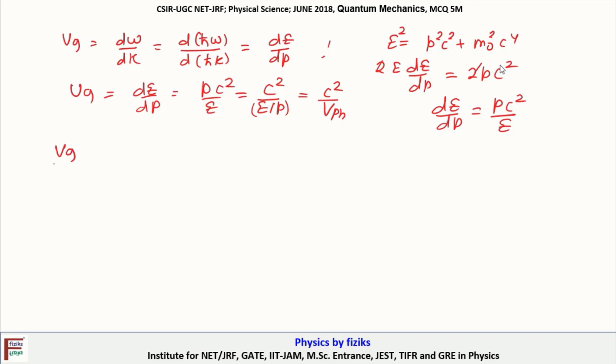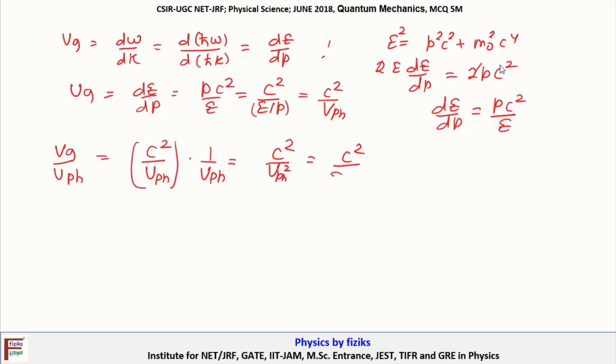So when we take the ratio Vg by Vph equals c squared into 1 by Vph squared equals c squared p squared by E squared, that means c squared p squared by E squared.